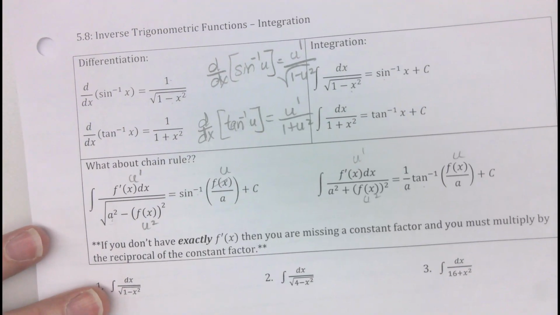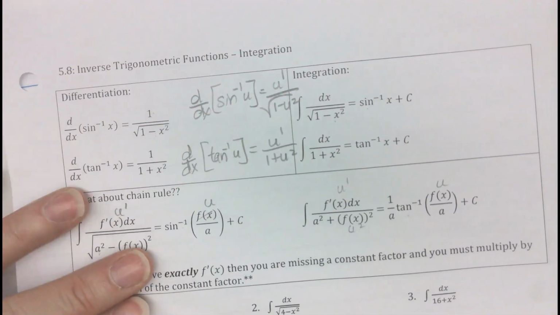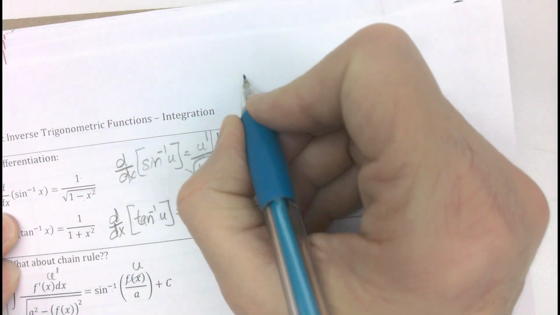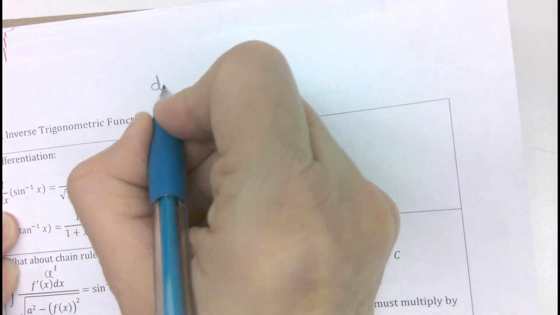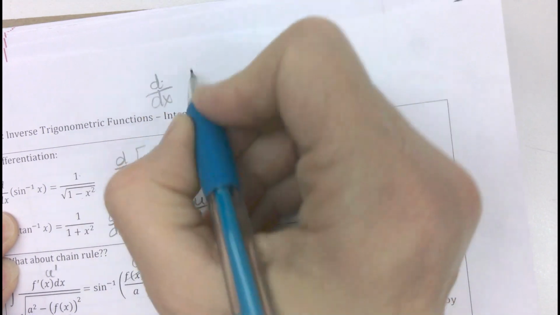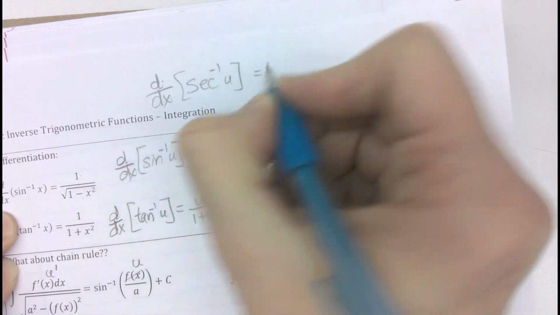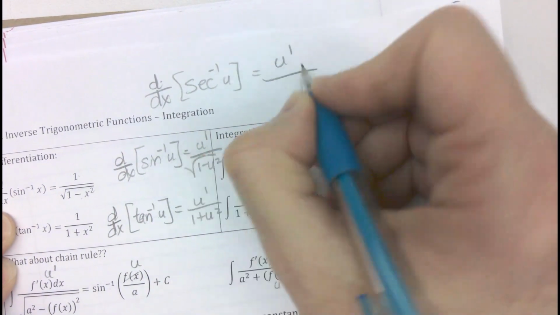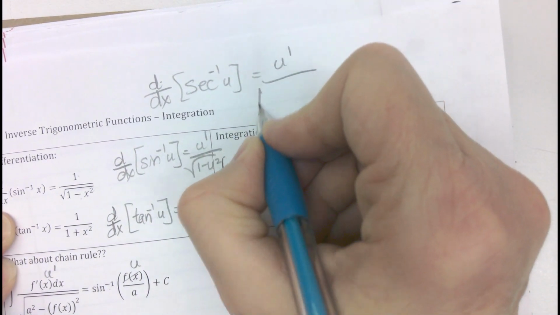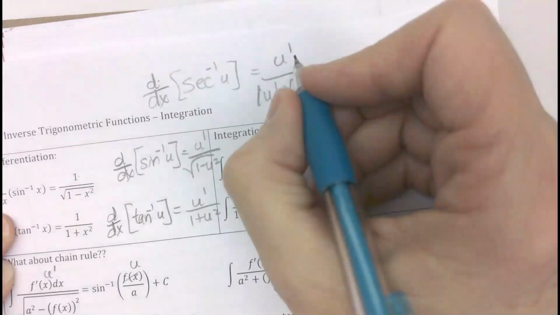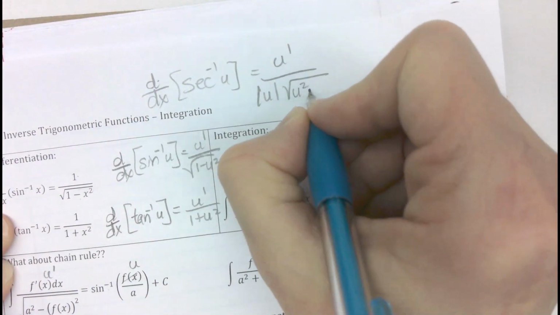So, formulas are already written. We also have the arcsecant. What is the derivative with respect to x of the arcsecant of u? U prime over absolute value of u, and instead of 1 minus u squared, it's u squared minus 1, right?